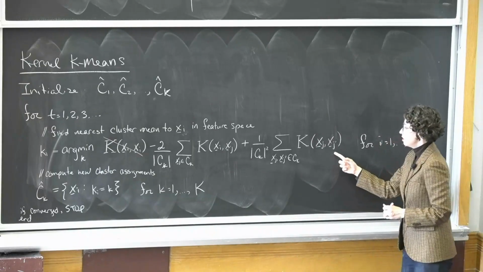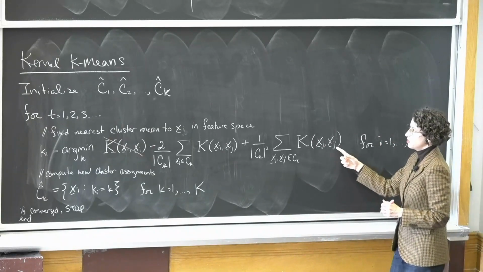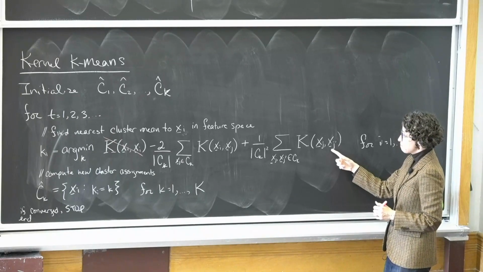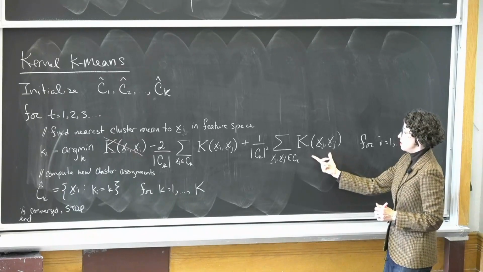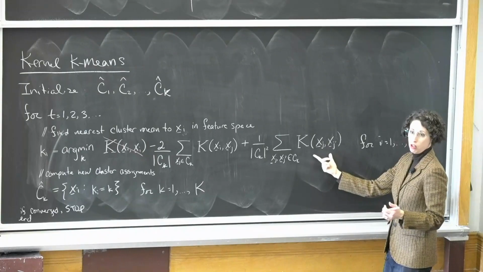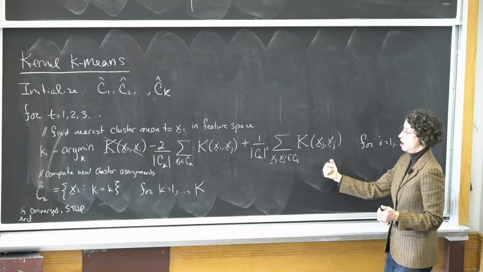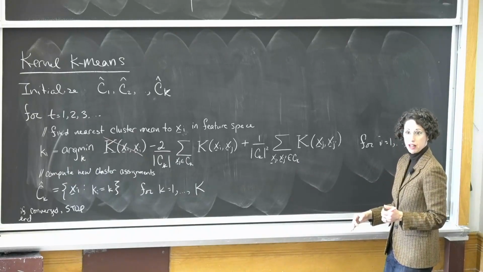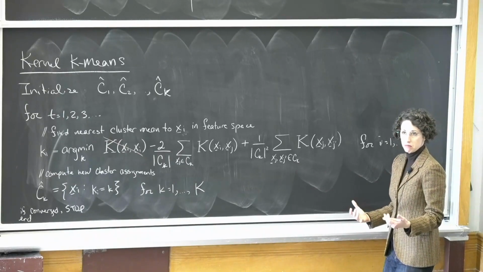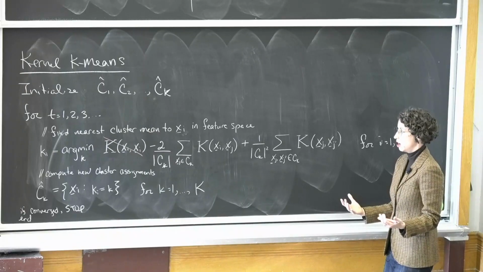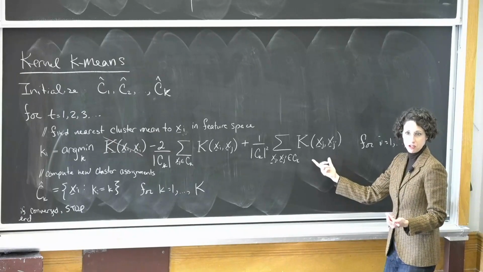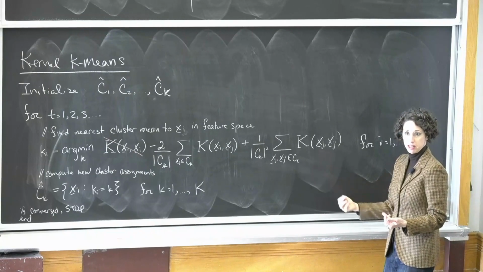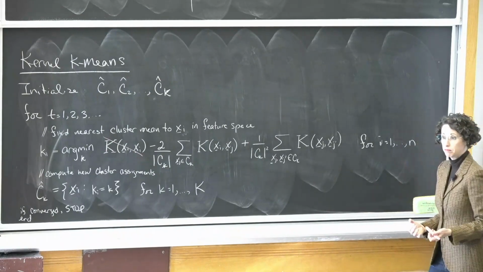And then finally, this third term does not depend on my point xi, so this is going to be the same for all of the different xi's. It only changes with the current cluster that I'm looking at. And so when you're actually computing or coding this up, you can do this more efficiently and avoid recomputation of certain terms than the way I've laid it out here. Great point.